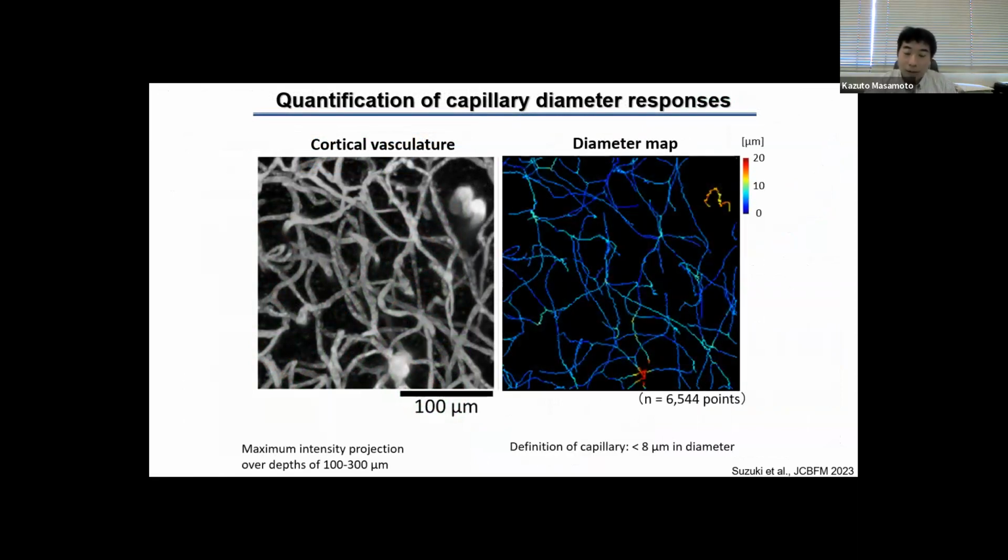To do that, we need software to calculate the capillary diameter at each point. We have more than 6,000 points here, at depths of 100 to 300 micrometers in this 250 micron volume of the cortex. Mostly this blue color indicates a 5 micron diameter. This is the consensus, right?